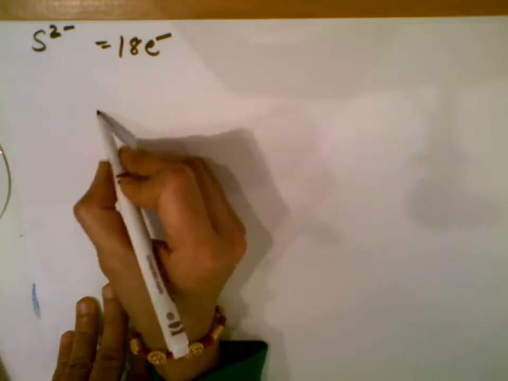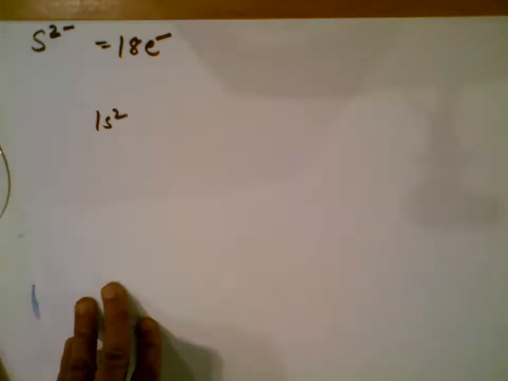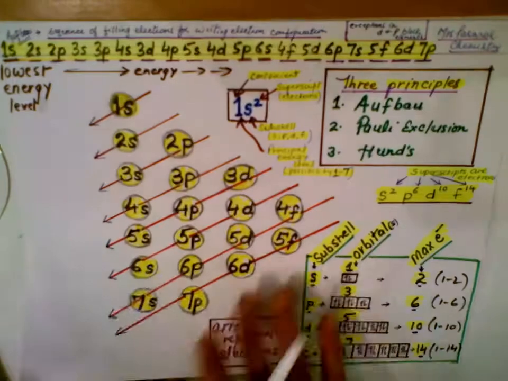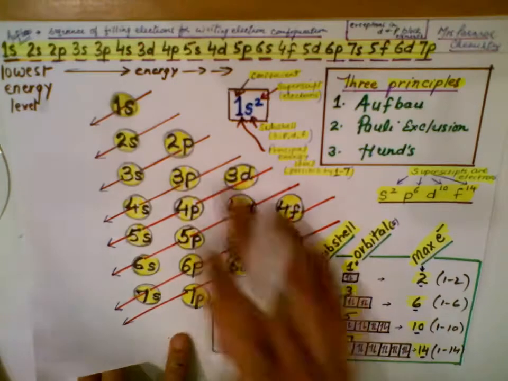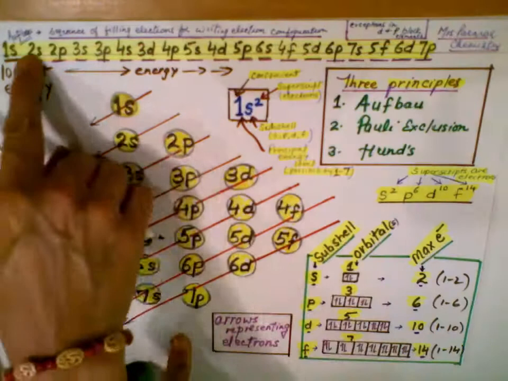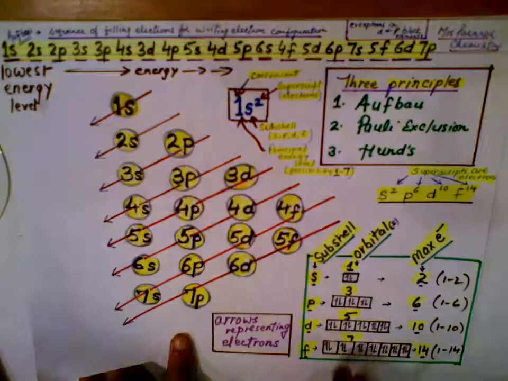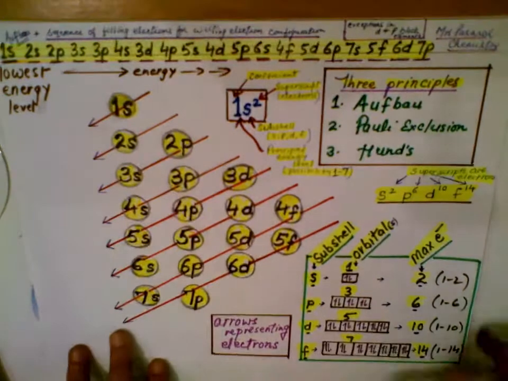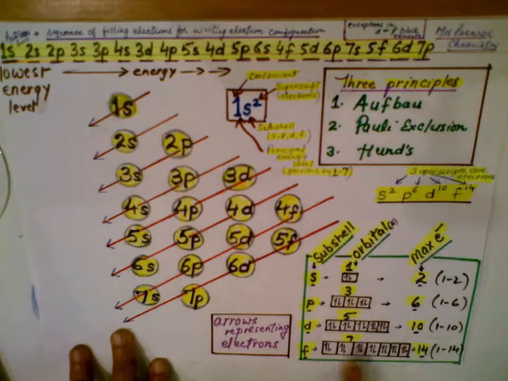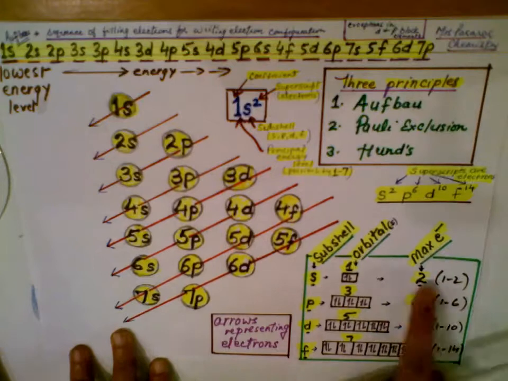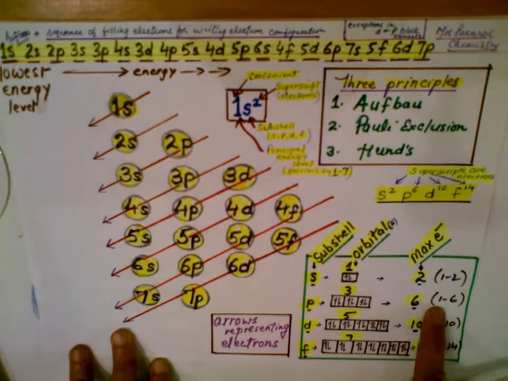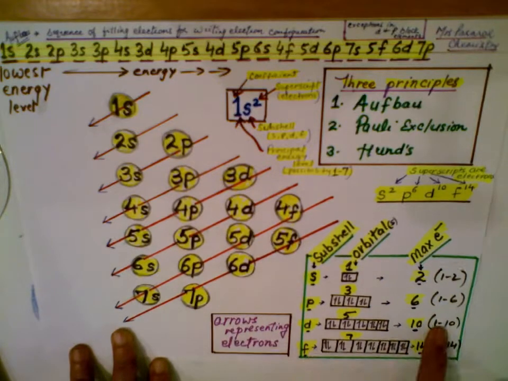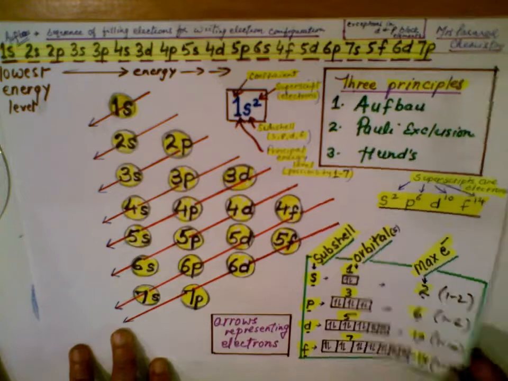So when you write the electron configuration, remember we are following the sequence. Don't forget that. Follow the sequence until you have 18 electrons, or you can follow this chart, and you are following the 3 principles. And you remember that s can have a maximum of 2, p can have a maximum of 6, d can have a maximum of 10 electrons, and f can have a maximum of 14.